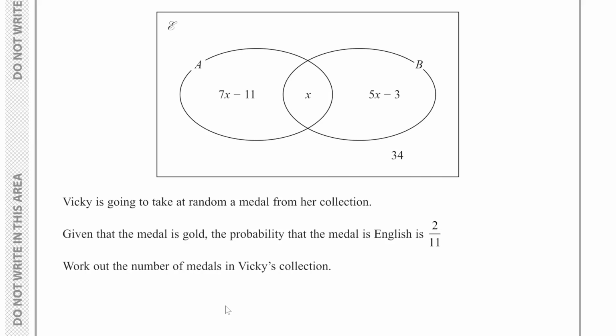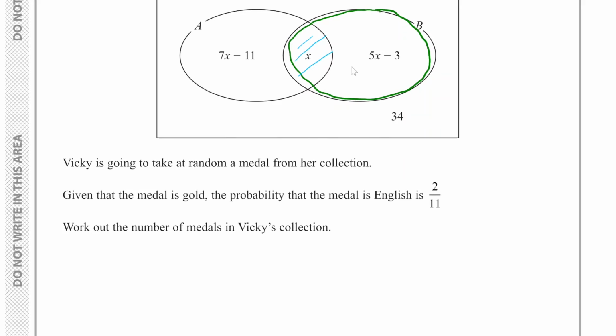So given that the medal is gold, so given that it's in B, the probability of it being English, which is in this part, is 2/11. So x out of B in total, which is x plus 5x minus 3, 6x minus 3, is 2/11.